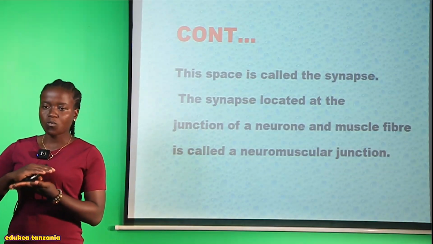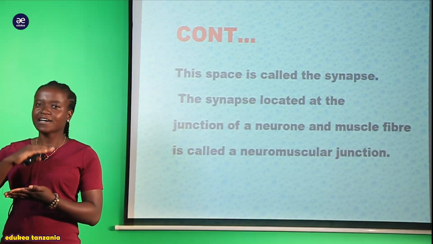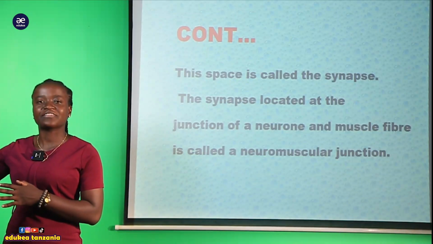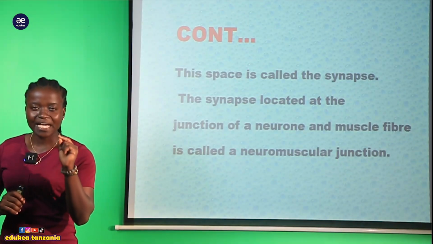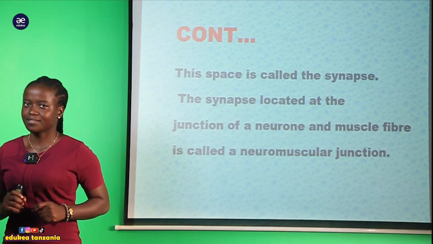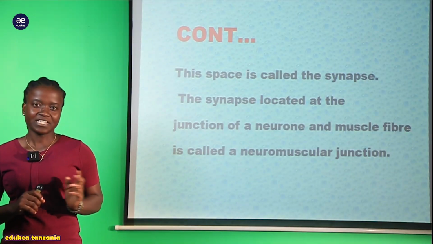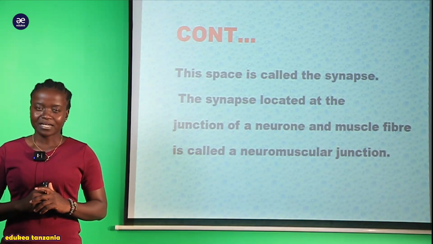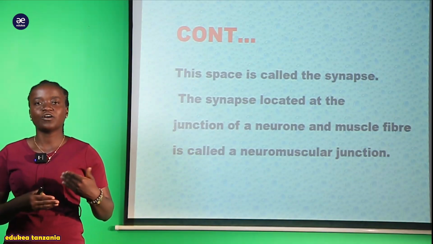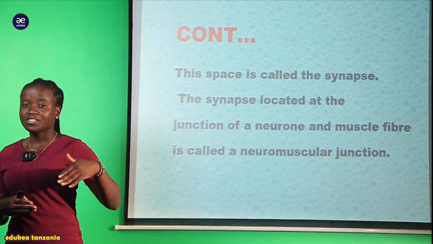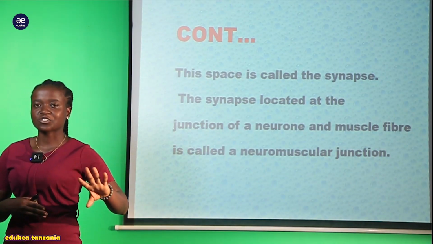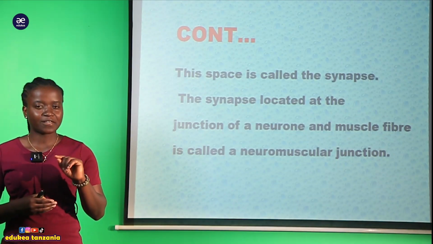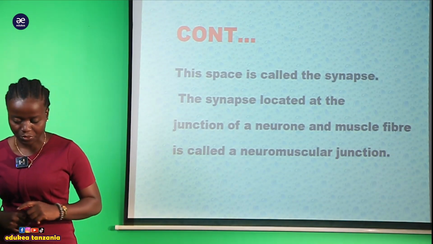Sasa ule uwazi uliokuwa kati ya axon na ile dendrite nyingine ya other neuron ndiyo ambayo tunaita synapse. This we have already covered in the structure of the synapse. But here we have to know first, before we proceed further, to discuss how the nerve impulses are transmitted within the synapse. That's a very important thing that you have to know.